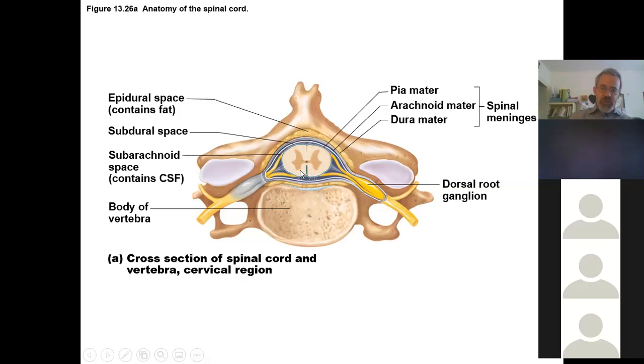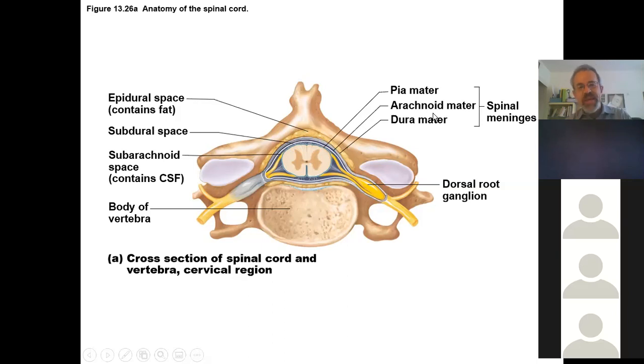What this also shows are what we call the meninges. I spoke about that in the brain lecture. These are layers of tissue that surround the brain and spinal cord. We have 3 layers of them. The outermost layer is known as the dura mater. The middle layer is known as the arachnoid.